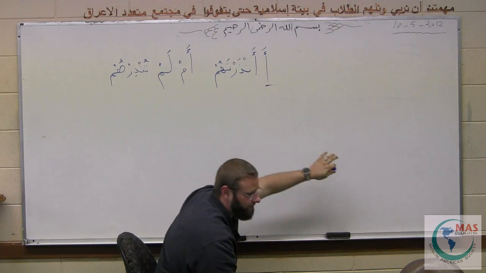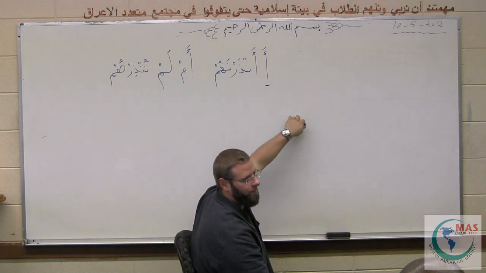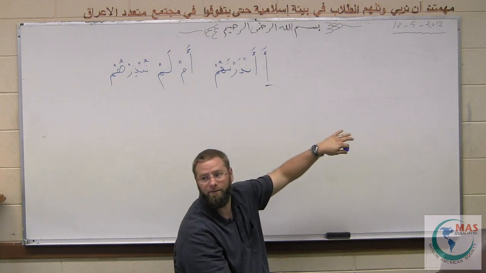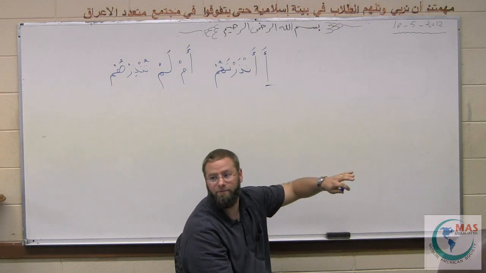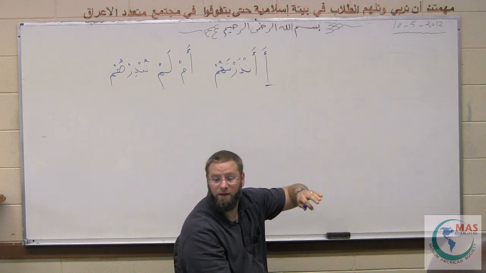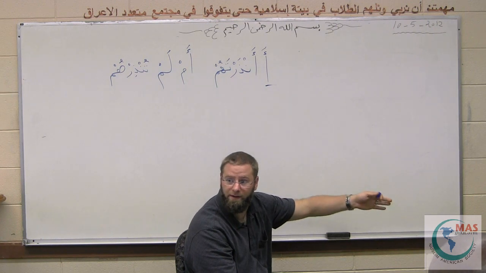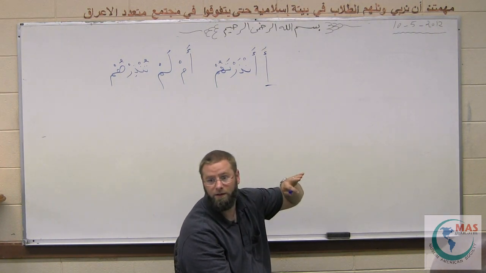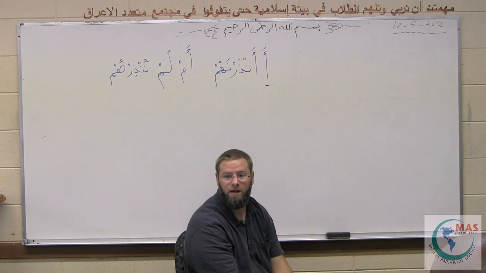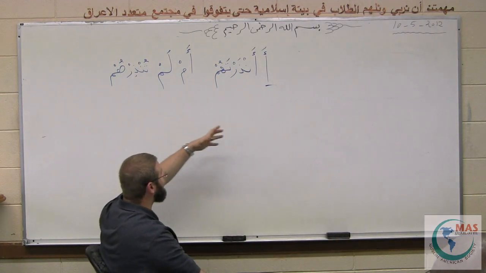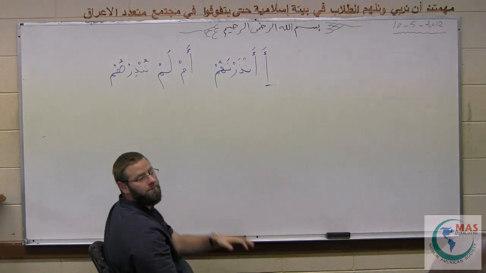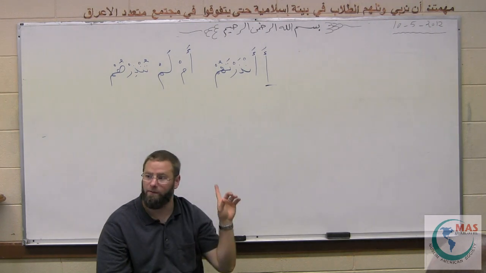In this ayah in Surah Al-Baqarah: Inna alladhina kafaru, indeed those who have disbelieved, sawa'un alayhim, it is the same for them, anzartahum, if you chose to warn them, am lam tunzirhum, or you chose not to warn them, la yu'minun, they will not believe. But in our structure here, it's asking, did you warn them or did you not warn them? That's what we have up here.